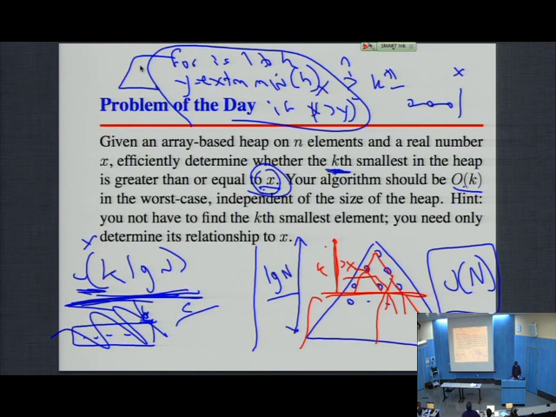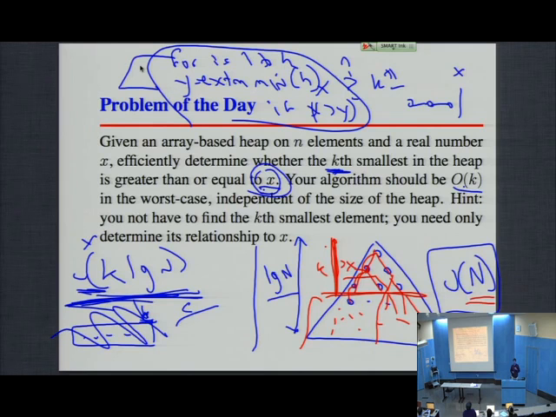Because if we take any element on the kth level, there are k ancestors before it, all of which are bigger than it. Does everybody see that? So any element living deeper in the heap is going to have to be smaller than it. So we don't have to look at all n of these elements. We only have to look at the elements on the first k levels. Does everybody see that? What is the running time of that algorithm?